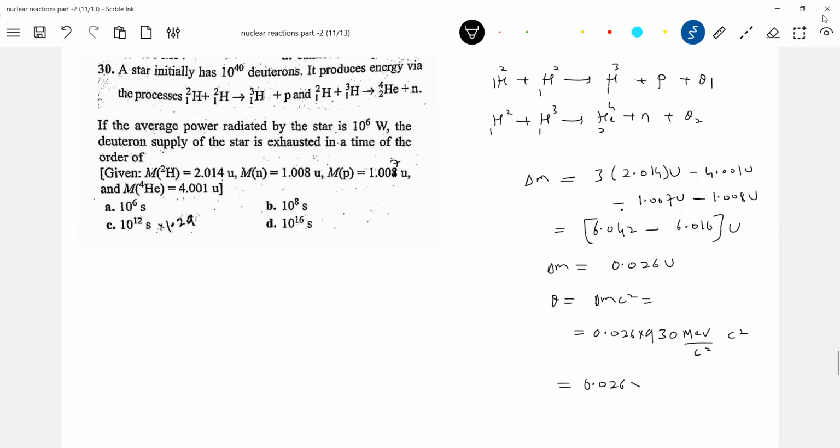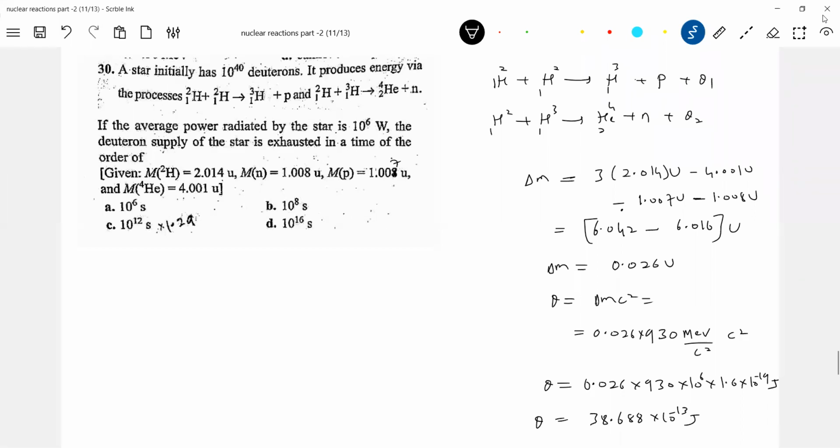So 0.026 into 930 into 10 to the power of 6 into 1.6 to the power of minus 19, these many joules. 930 into 1.6 into 0.026 gives 38.688 into 10 to the power of minus 13 joule per deuteron.